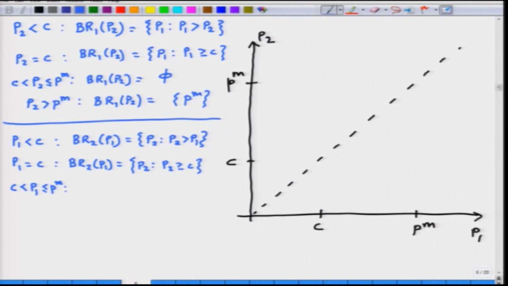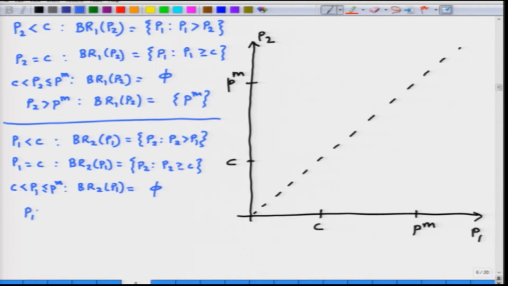But as we discussed a little while earlier, there is no such optimal epsilon. The moment I undercut firm 1 by a tiny amount, I can always find another epsilon which puts me closer to firm 1's price, which will further increase my profit. So, the best response for firm 2 to firm 1's choice of P1 essentially is null.